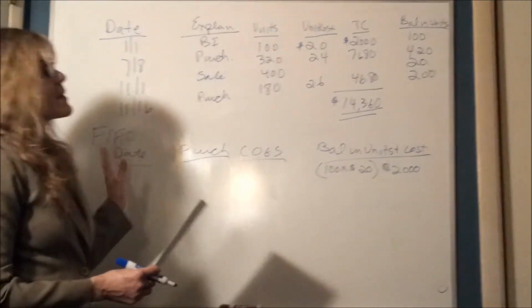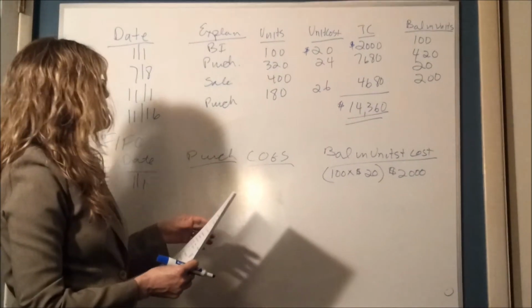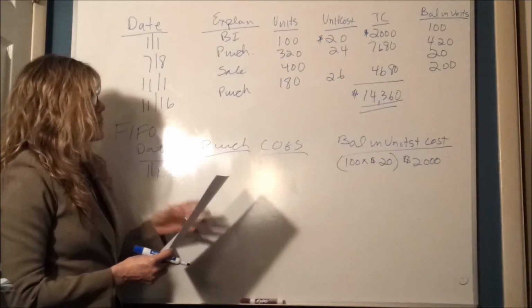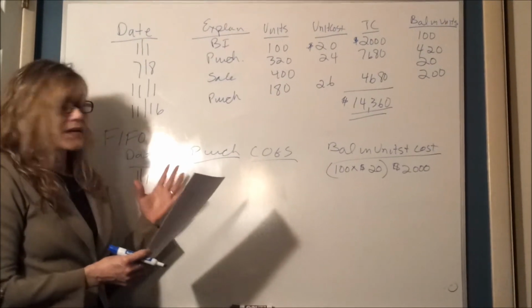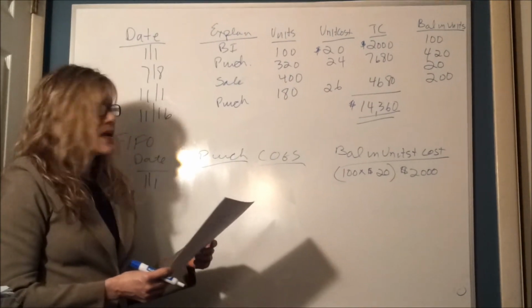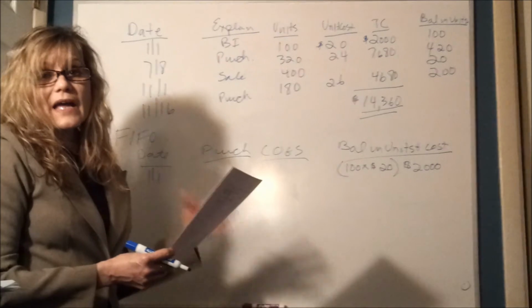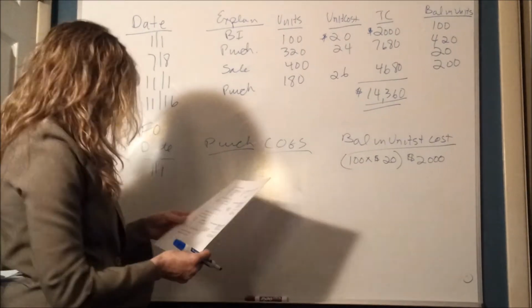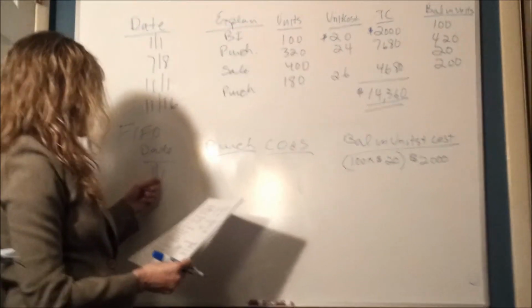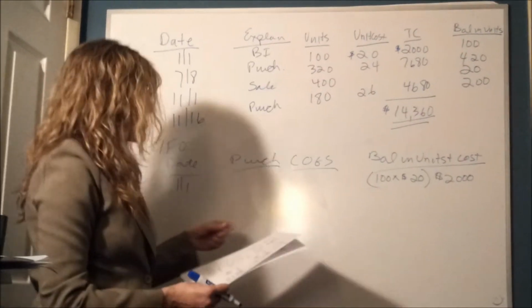Okay, now we're going to talk about the perpetual inventory system, and there's a little bit of a difference here. The big difference is that instead of looking at cost of goods sold at the end of the period, we're looking at it every time we make a sale. So we're going to calculate things slightly differently. In the beginning, our beginning date, we have our beginning inventory, right?